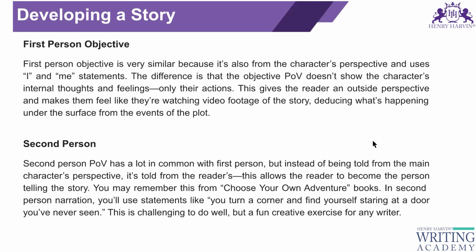Next comes your second person point of view, where you have a conversation with your audience instead of simply giving a point of view. You will use the word 'you' a lot. Here you will ask questions like, did you know about this?